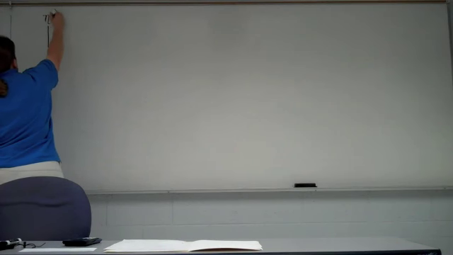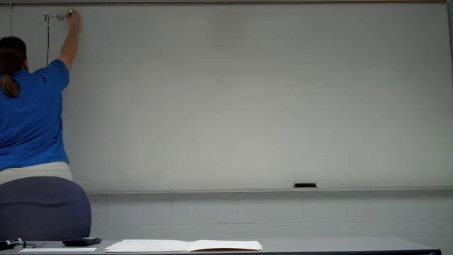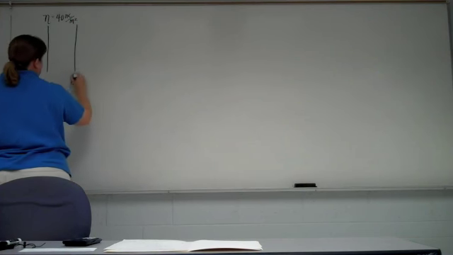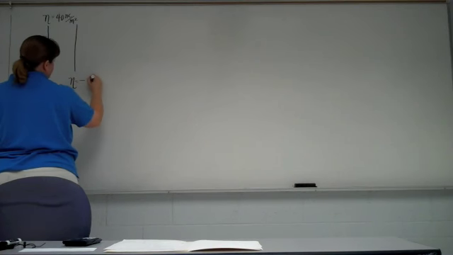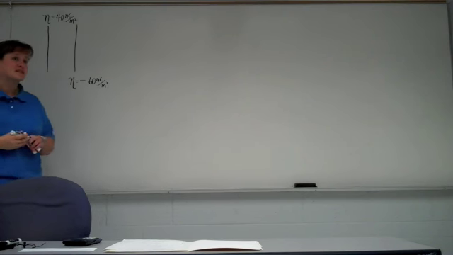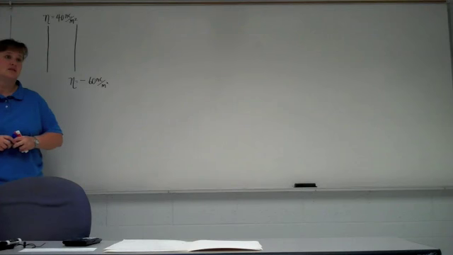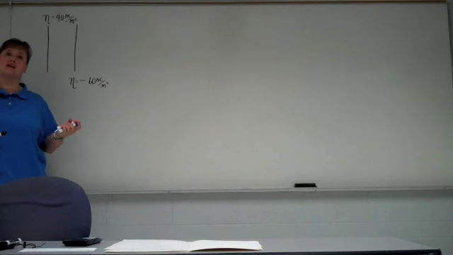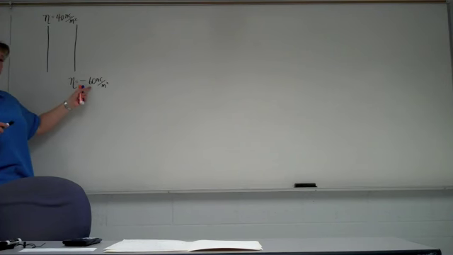One has a surface charge density of 40 nanocoulombs per meter squared. The other one has a surface charge density of negative 60 nanocoulombs per meter squared. This would not be considered a capacitor. A capacitor, they have the same charge densities. One positive, one negative, but the values need to be the same.